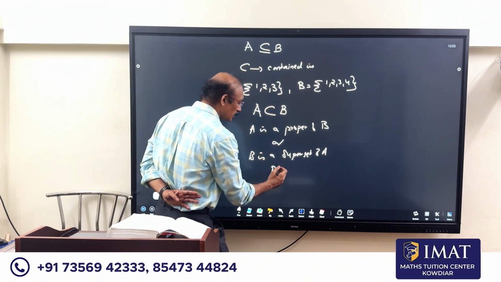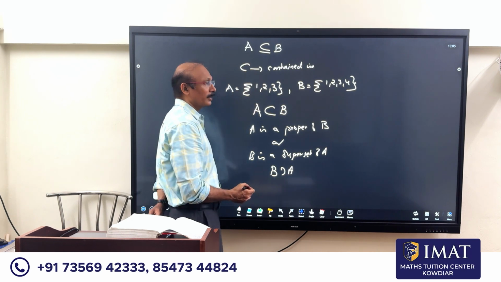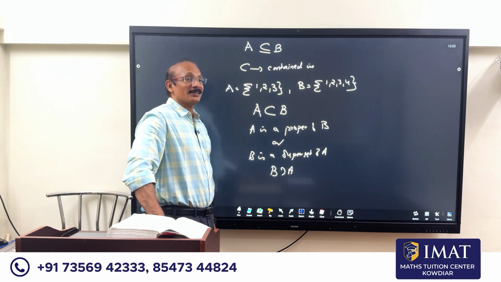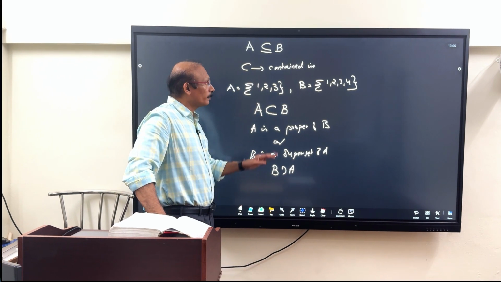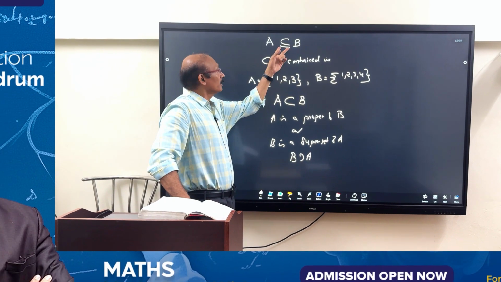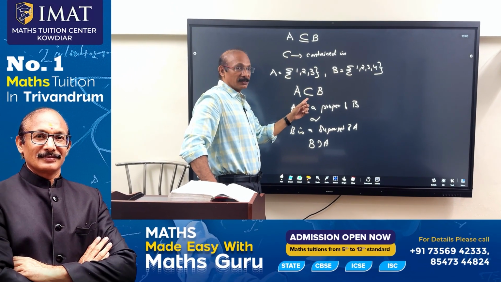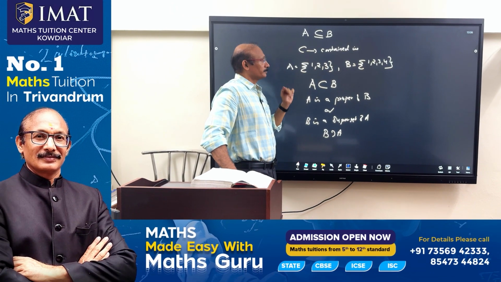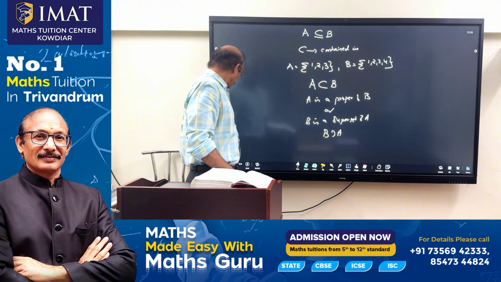You just reverse it and then write like this, and it will be read as B is a superset of A. Hope the point is clear. The difference between this symbol and this symbol. Okay? Right.